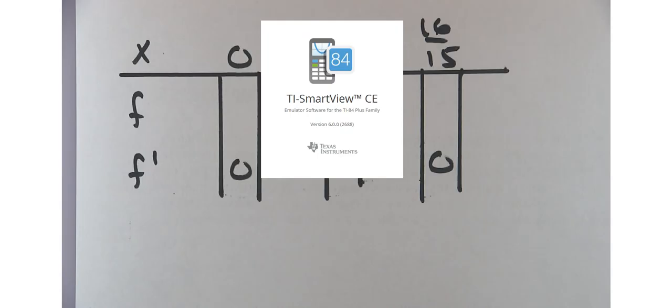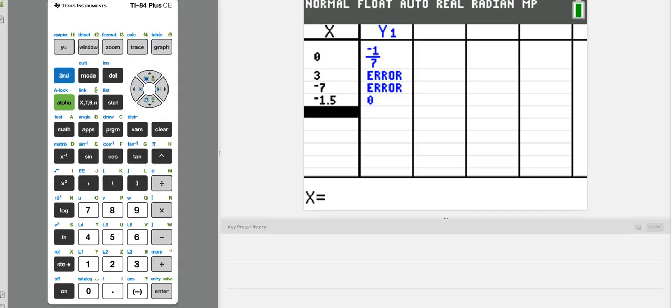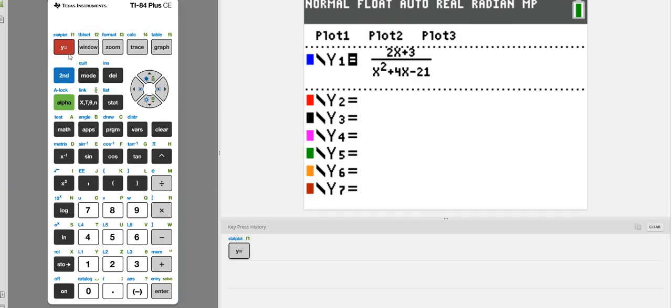We did that with our first example. We went from positive to negative. Oh, that's a max. Negative to positive, that's a min. This is the first derivative test. We're going to introduce the second derivative test in just a minute. Let's put in this function. And by the function, I actually mean the derivative.